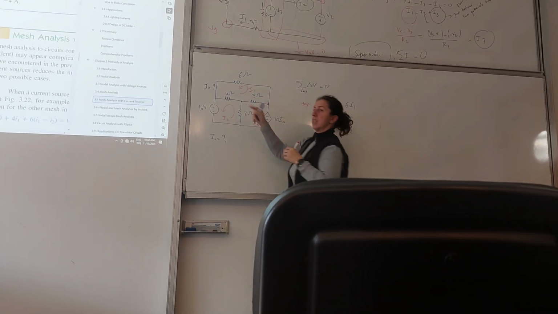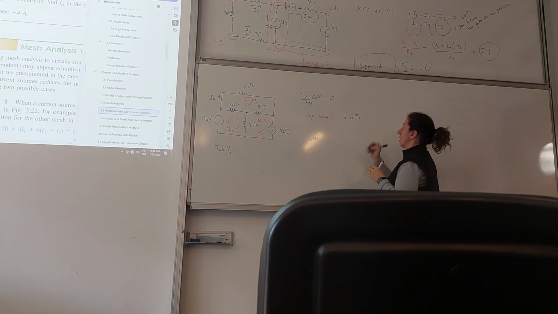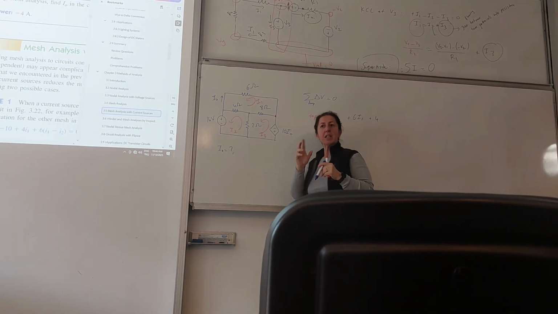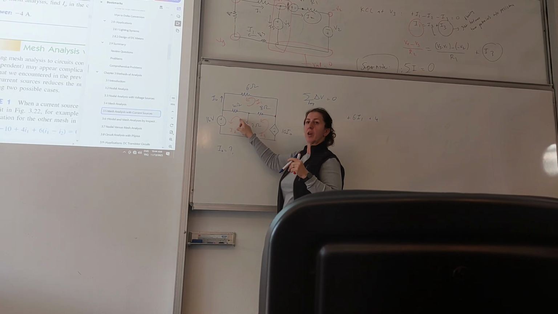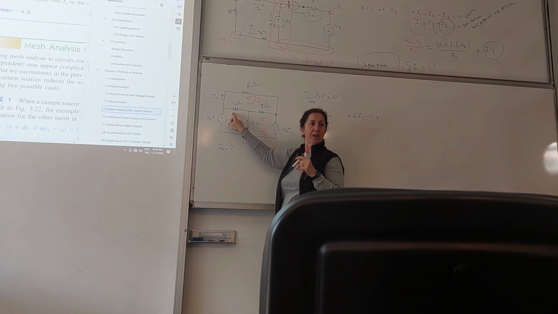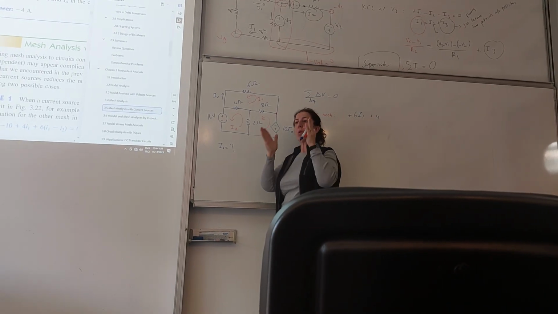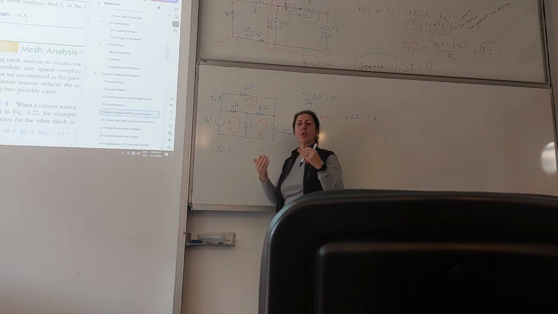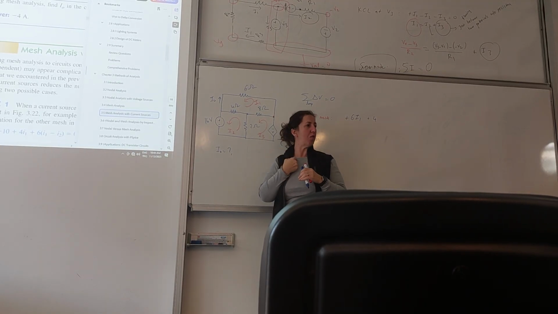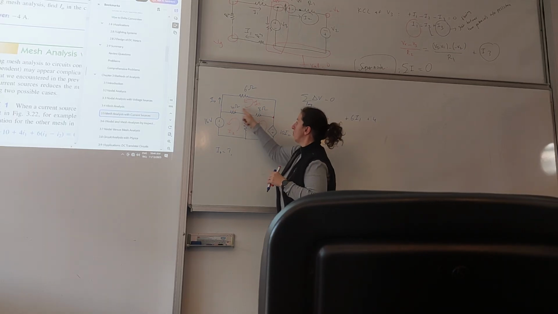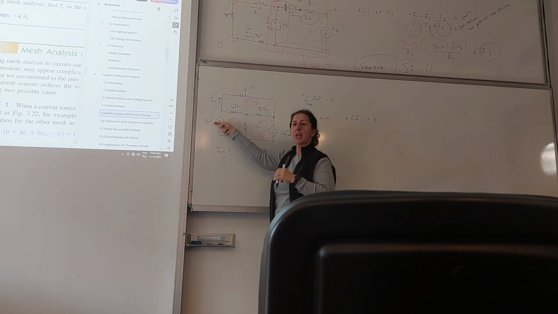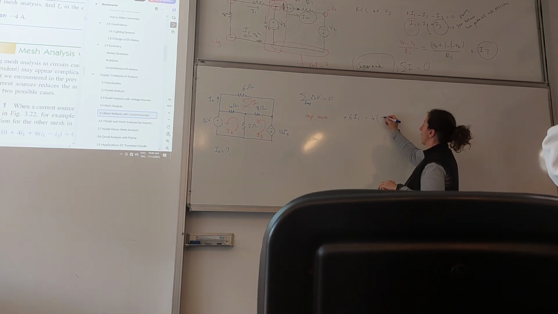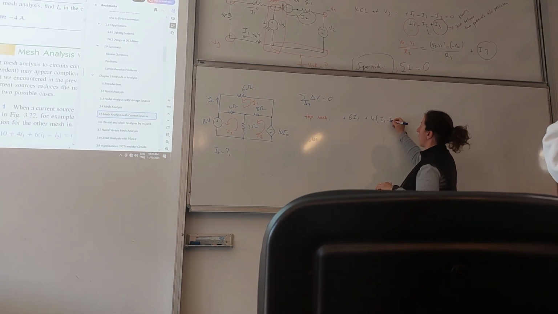When I move across this one, plus 4 times... that's the thing that you have to be careful about. There are 2 currents flowing across the 4 ohm resistor, and remember we would like to write positive potential difference. So the larger current should be parallel to the direction of our motion. I1 is moving in this direction, I2 is moving in the opposite direction. So when I write potential across 4 ohm, I'm going to write I1 minus I2.